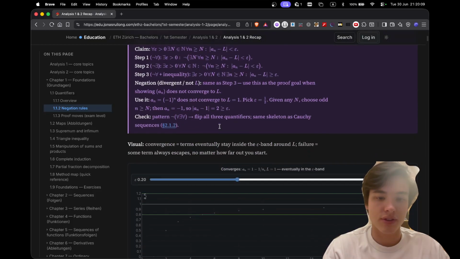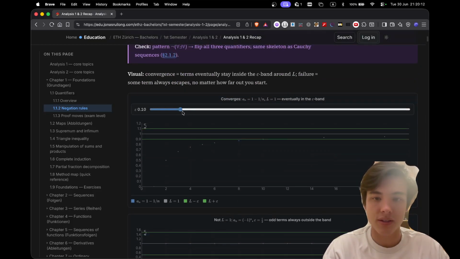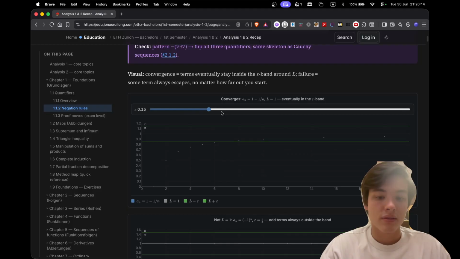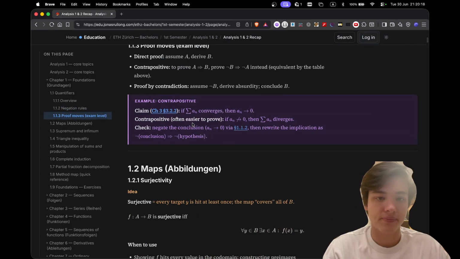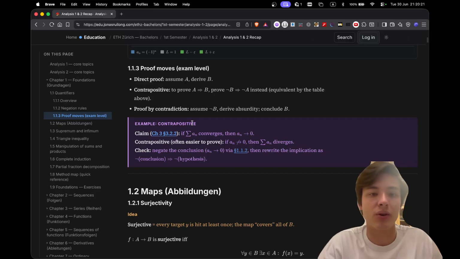Actually, why do I have convergence here? This should be somewhere else. Whatever, I'll maybe fix it at some point.